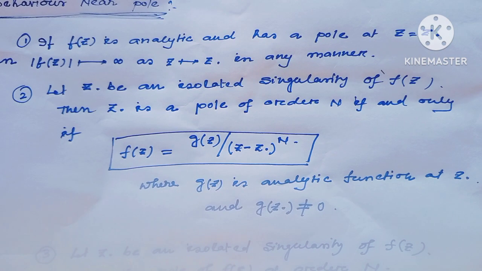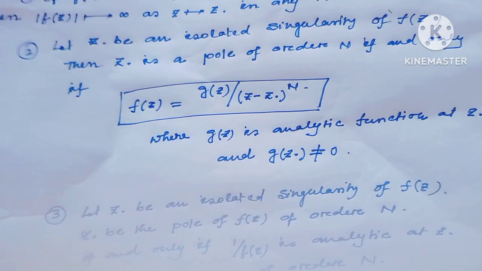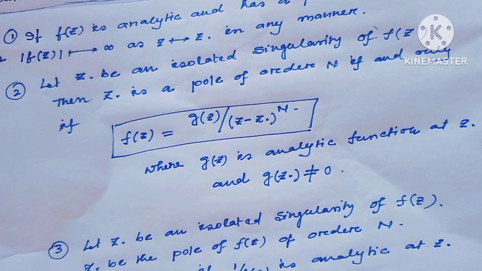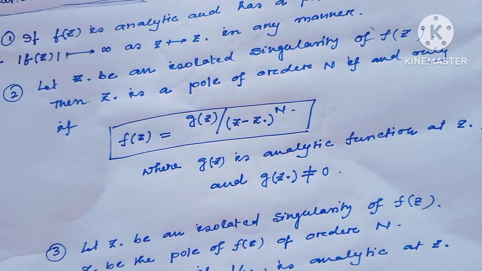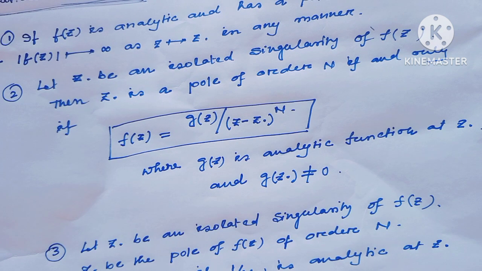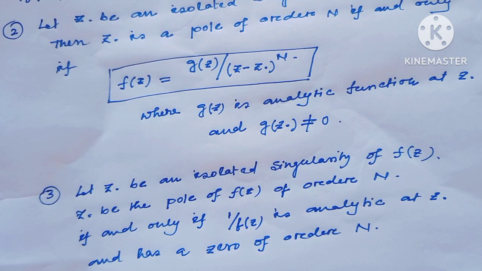Second, if z0 is an isolated singularity of the function f(z), then z0 is a pole of order n if and only if f(z) equals g(z) divided by (z minus z0) to the power n, where g(z) is an analytic function at z0 and g(z0) is not equal to 0.